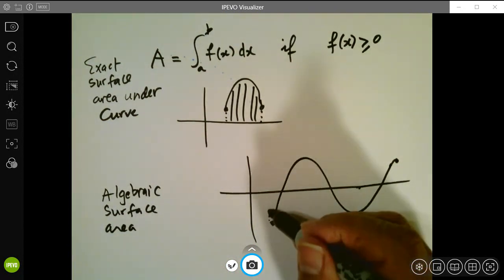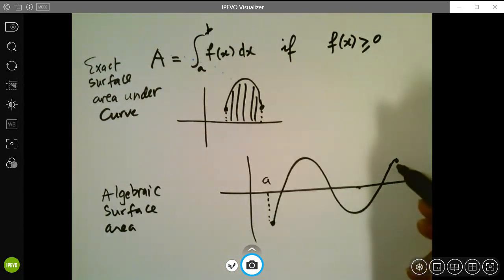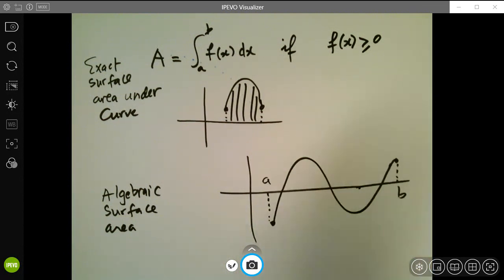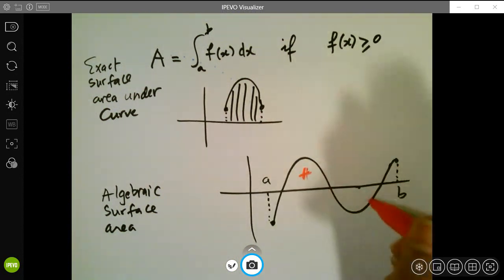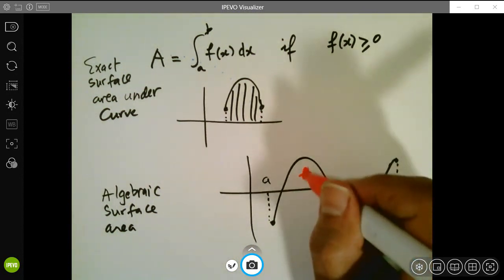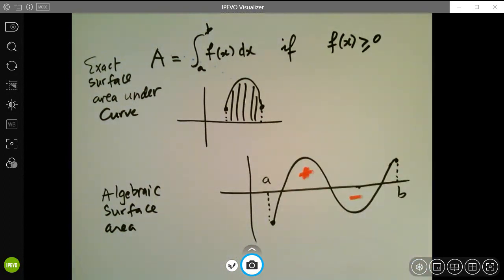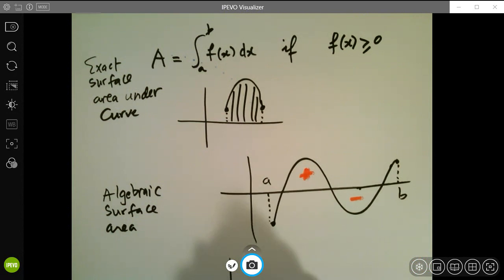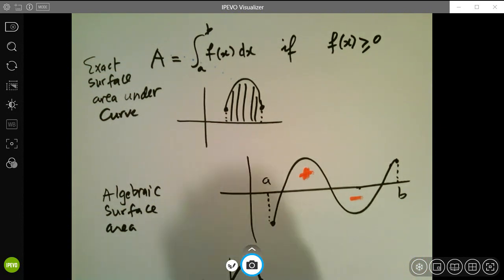If this is a and this is b, what you will get is that this positive part will cancel out with this negative part. So you have to be careful. And namely, if you have something like this, like, for instance, which function could be this one? From negative pi to pi.